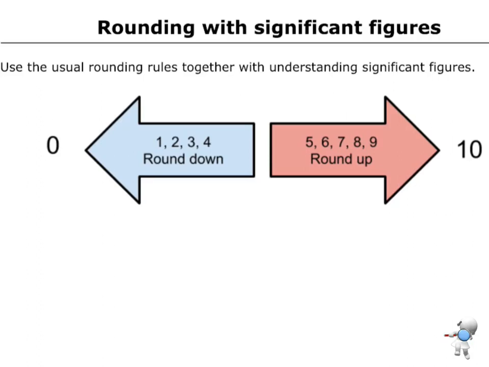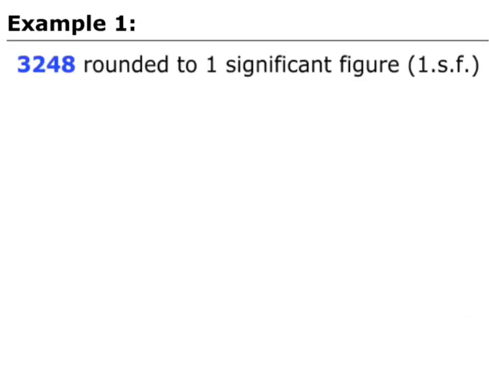Now we've got to look at how we round using significant figures. We've still got the same rules: 1, 2, 3, 4, round down; 5, 6, 7, 8, 9, round up. So this number here, 3,248, I want to round that to 1 significant figure. It means that I want 1 digit to be significant, which is our very first one.